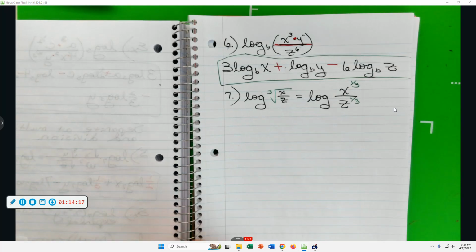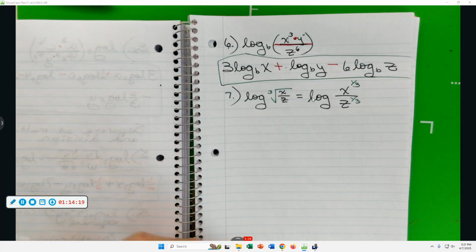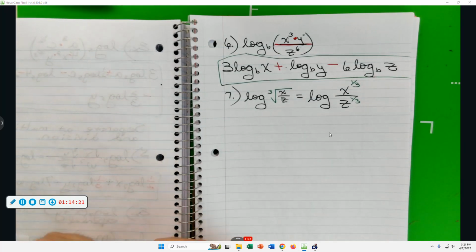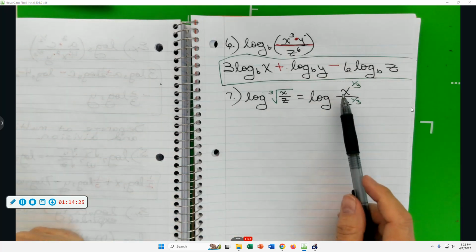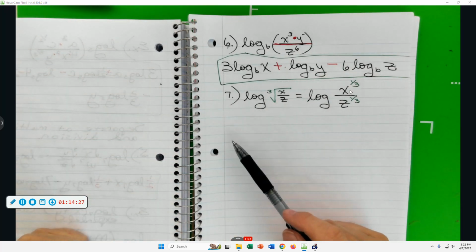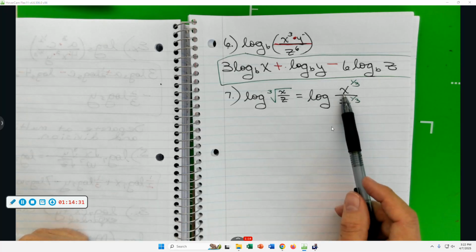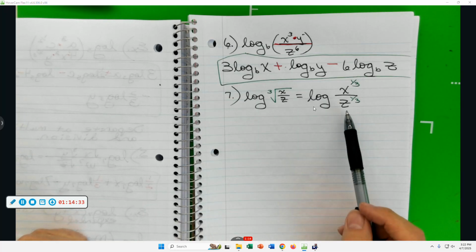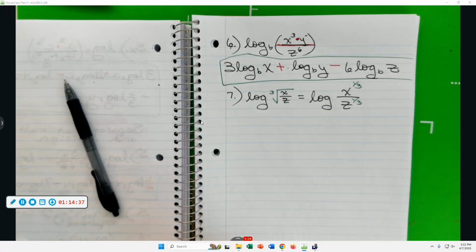And once you do that, this thing falls out very quickly. How many distinct logarithms are we going to have? How many distinct factors do we have on top? Just one. How many on bottom? One.